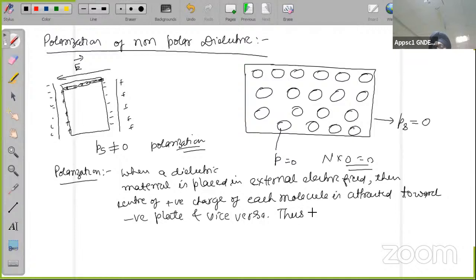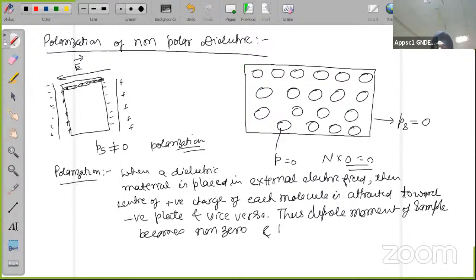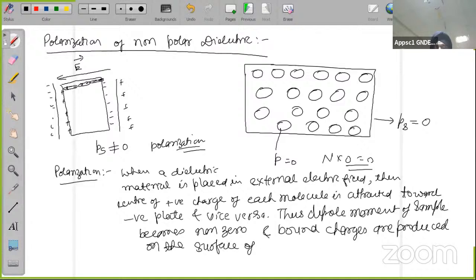Thus the dipole moment of the sample becomes non-zero, and bound charges are produced on the surface of the non-polar sample.